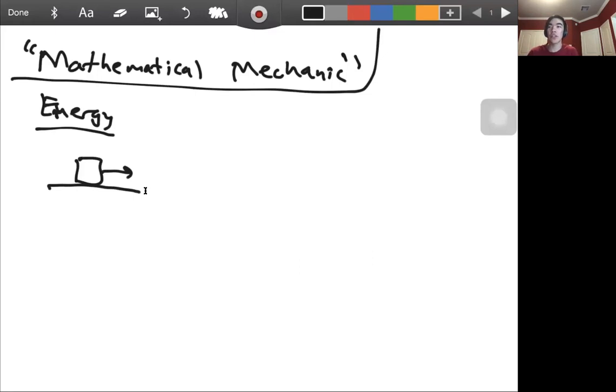An object that's just sitting there can't really do anything because it doesn't have the speed to do stuff. That's one type of energy, kinetic energy. There's potential energy, which is if you have a spring and you push the spring together, the spring has the potential to do stuff. If you release your hands, the spring can push the blocks, and that turns the potential energy into kinetic energy.